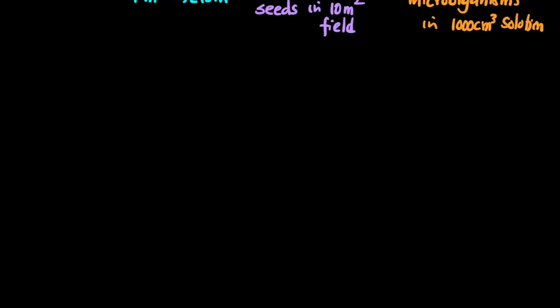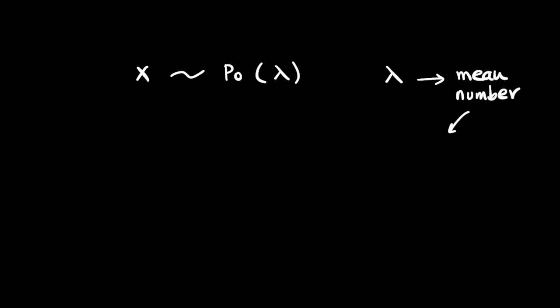So now let's define Poisson distribution. The variable X follows a Poisson distribution with lambda. What is lambda? That is just described above. That is the mean number of occurrences in a specified time or space interval.